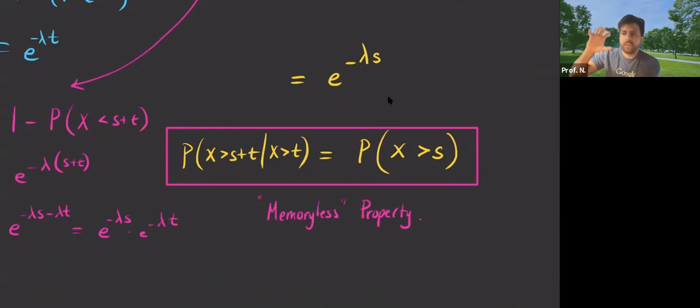The very structure of that PDF causes this idea of memorylessness. So if we want to figure out the amount of time until something happens, given that time has already elapsed, that distribution is the same as if we just started from today and moved forward. It doesn't change. That's the strange characteristic of exponential random variables.